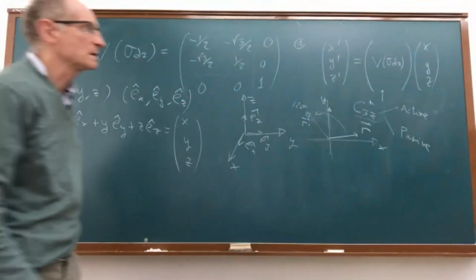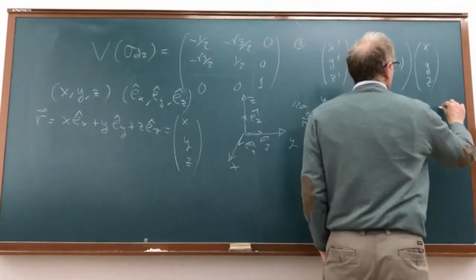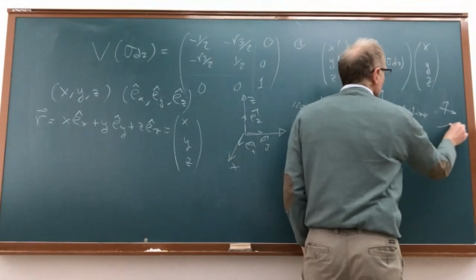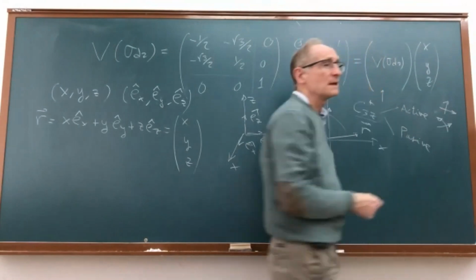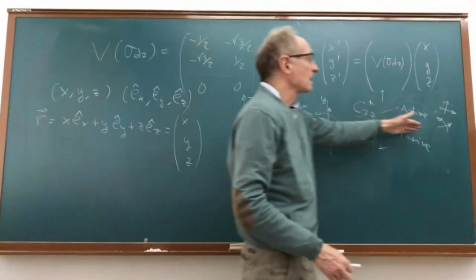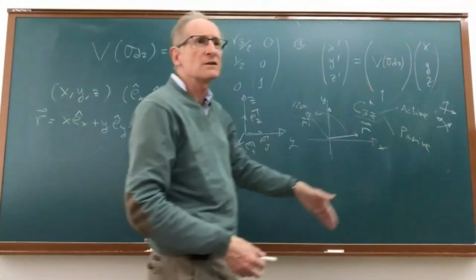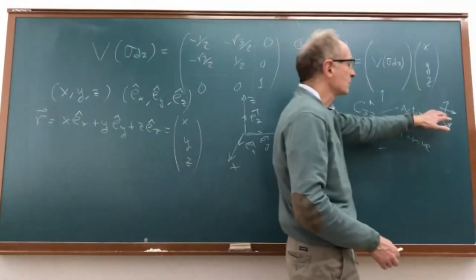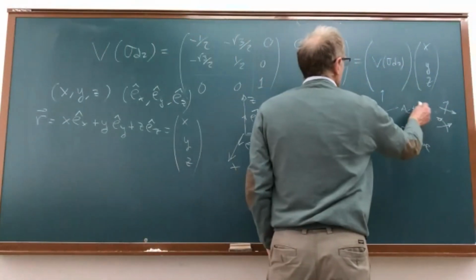In the active representation, the coordinate system does not change. I do rotate the objects. I say objects because you can consider vectors, but you can also consider polarization tensors. You can consider all kinds of things, as we'll see partly today. That's the one we always use.